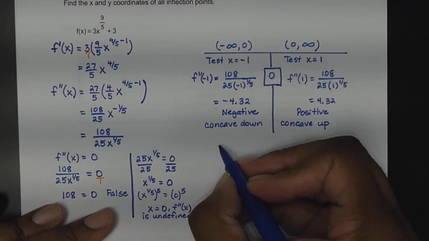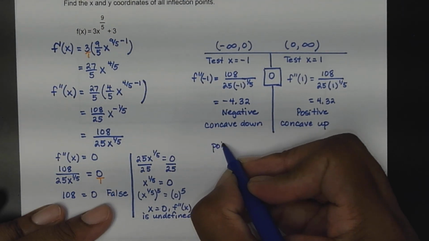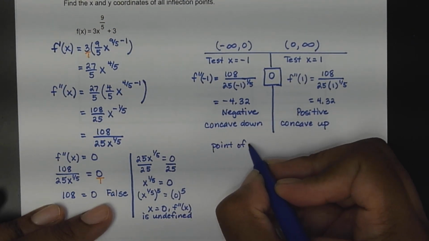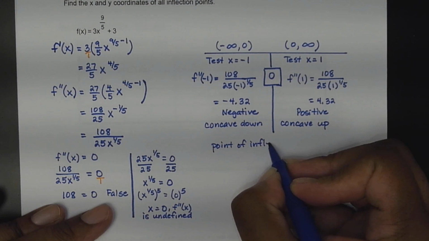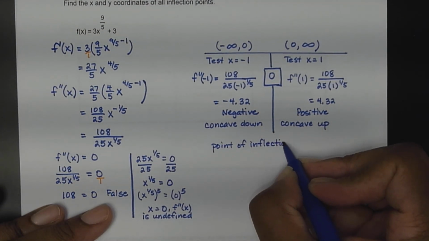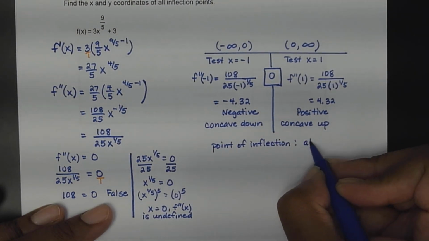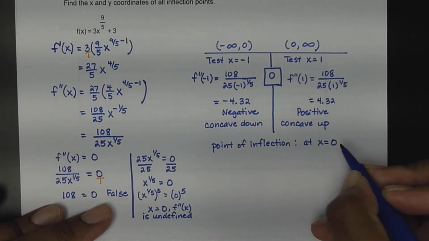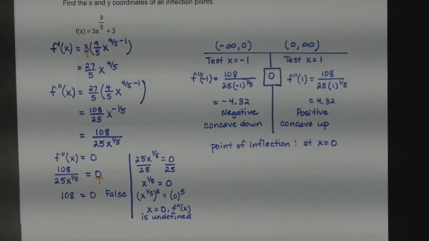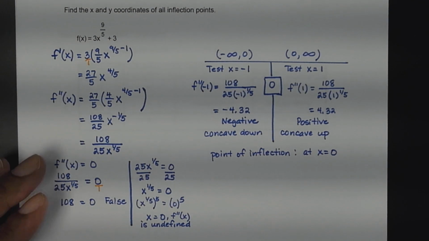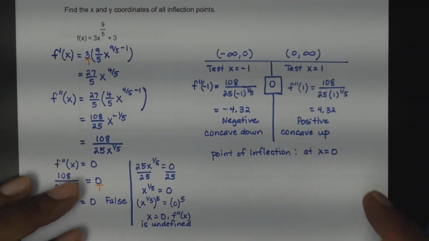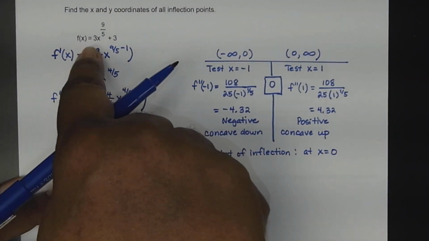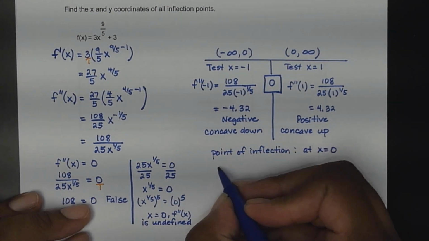So the point of inflection occurs at x is equal to 0. But we do need the y-coordinate of that inflection point. So let's substitute 0 in for x in our original f of x function.